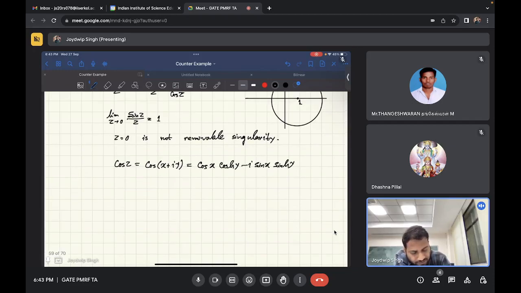If we put this equal to 0, both the real part and imaginary part have to be 0. Note that cosh y is always strictly positive, and sinh y is 0 if and only if y equals 0, because it is a strictly increasing function.